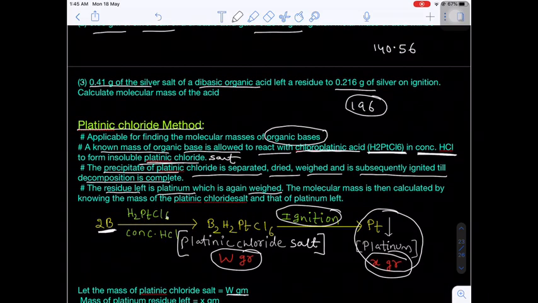In amines there will be a lone pair of electrons. The general formula of an amine is RNH2, where nitrogen has a lone pair of electrons, which is a lone pair donor. A lone pair donor is a Lewis base or Bronsted base. A Bronsted base is one which accepts the H plus ion. A Lewis base is one which donates the lone pair of electrons.